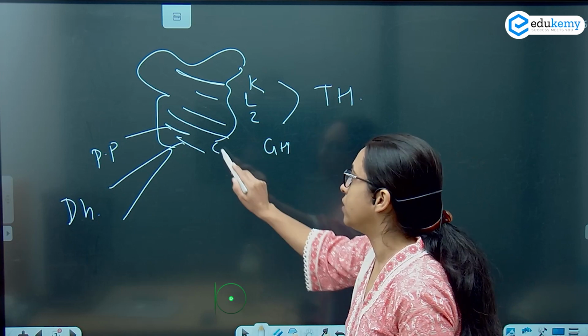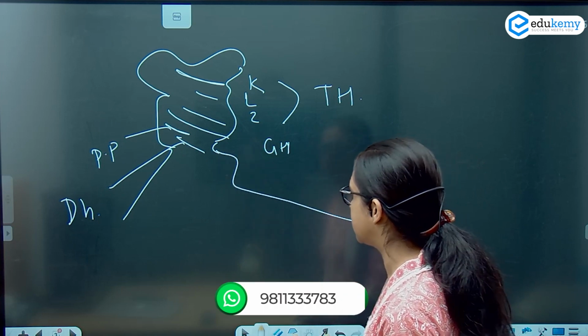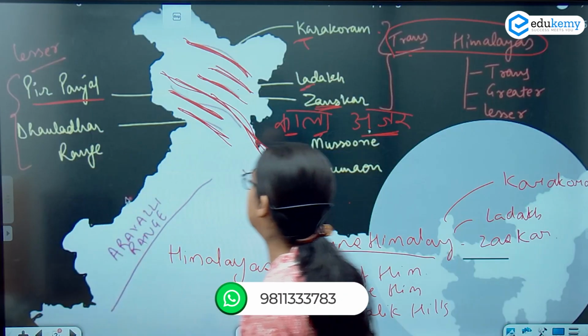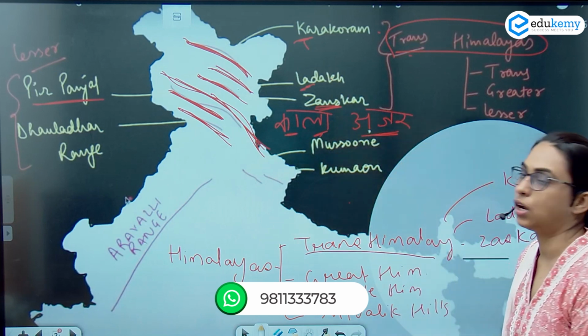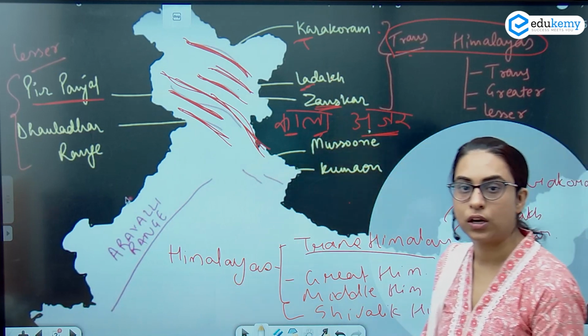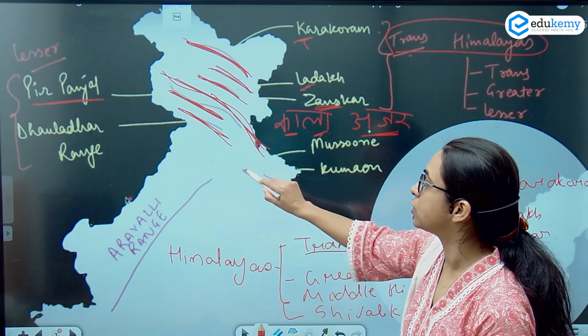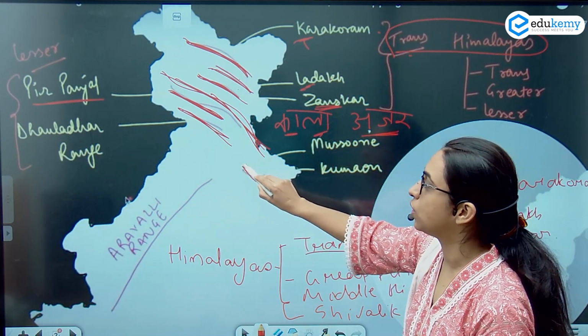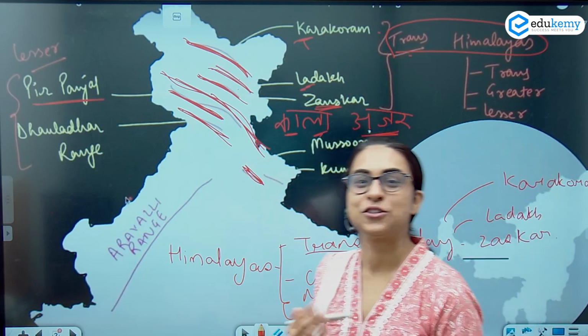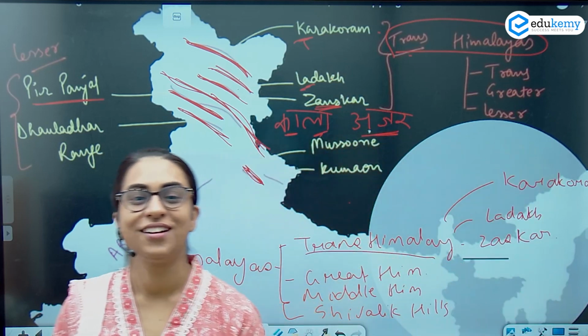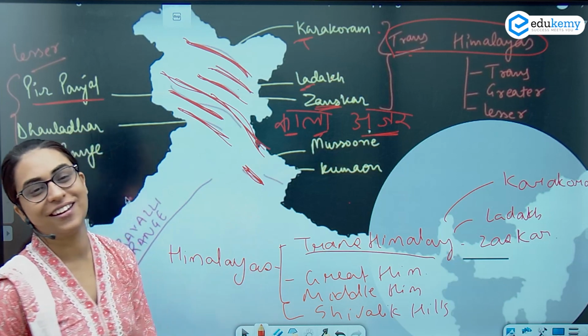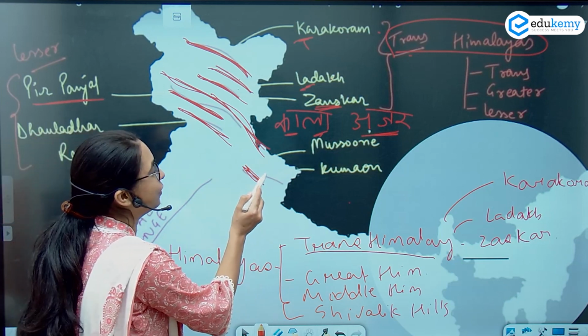Once this is done, we will see what is there in Himachal Pradesh and Uttarakhand. In Uttarakhand, you have the Mussoorie range. In Mussoorie, I know your dream is to go to Mussoorie. I have been there, a lovely place.